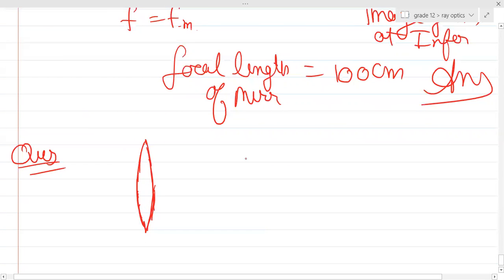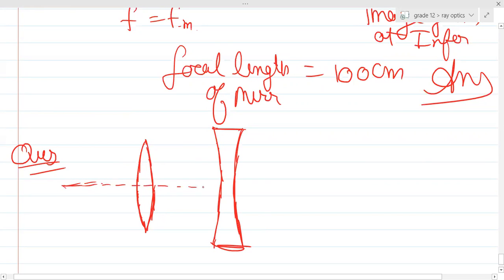There is this lens, and there is one more lens, a concave lens and a convex lens placed like this. Both have the same optical axis.